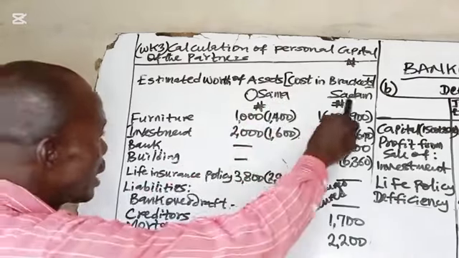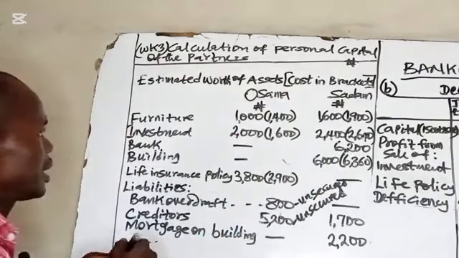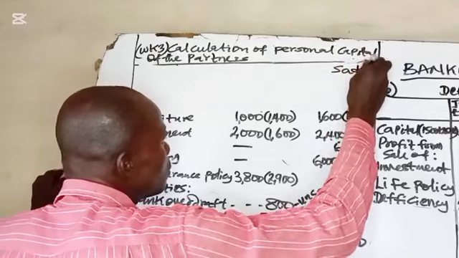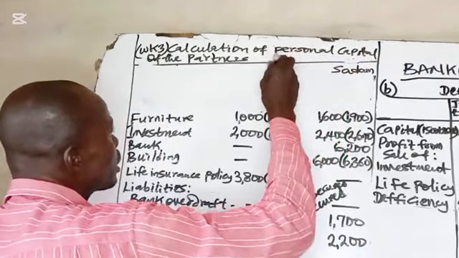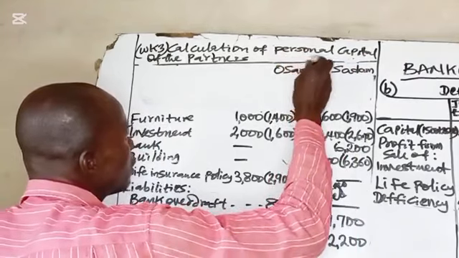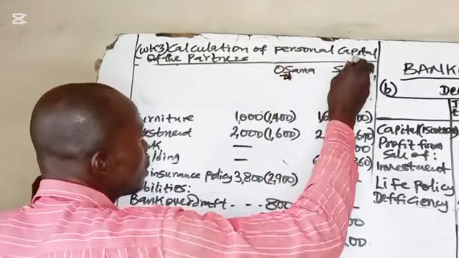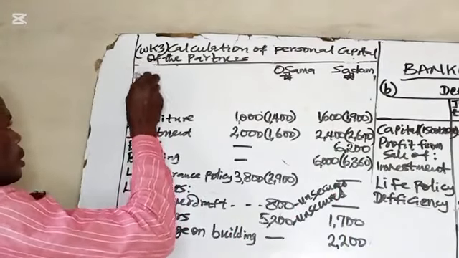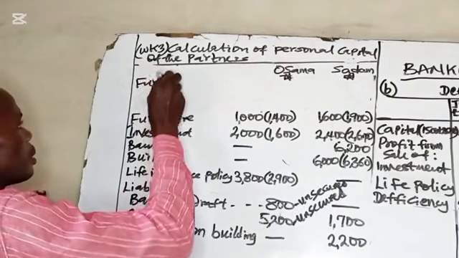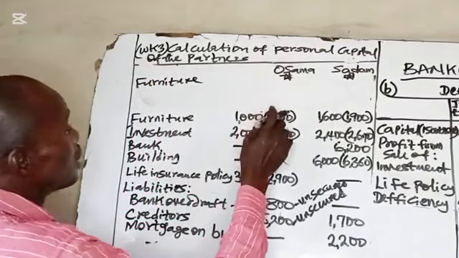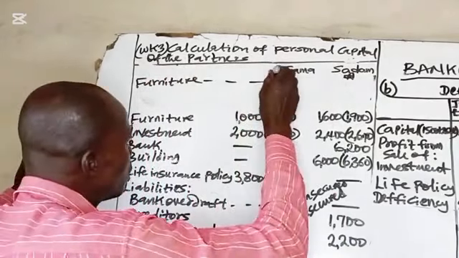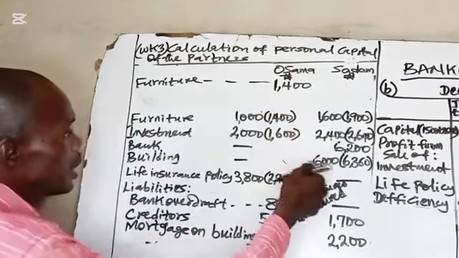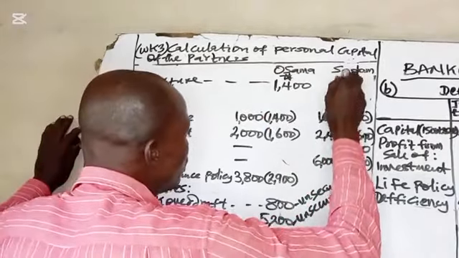The figure in brackets is what you need in respect of each of the assets. We have Saddam, then we have Osama. Their assets include furniture. So it is not the realizable value that will be used. You use the book value, which is 1,400 and 1,900.